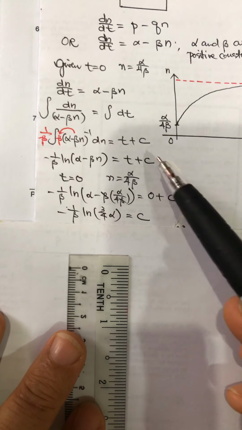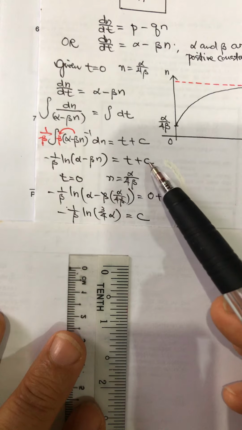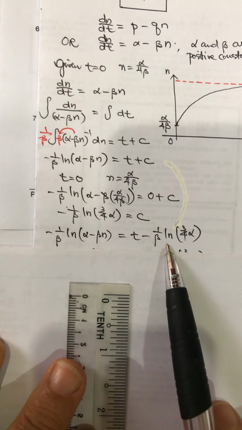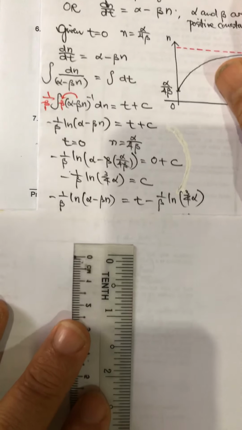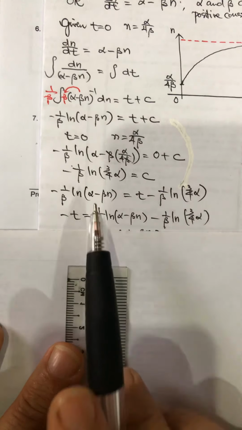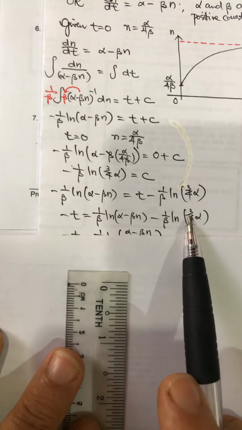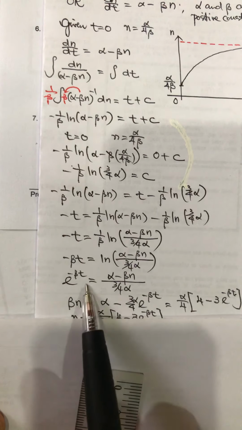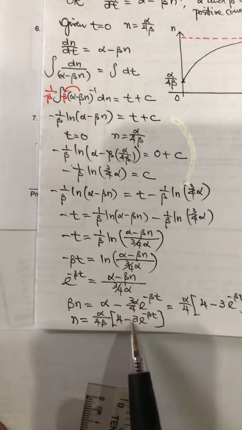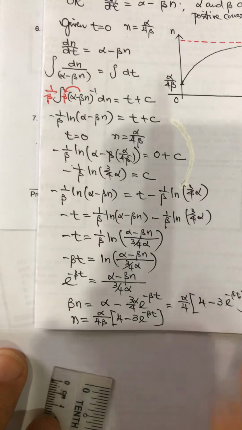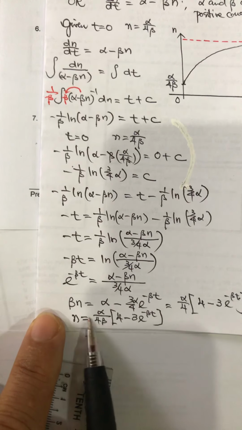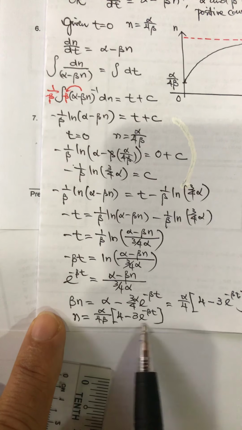And then we substitute back our c into the general solution to find the particular solution. Then we bring this one over, and use the logarithmic rules. Then finally you will get this. You can go through all this. And this is the equation of the curve.